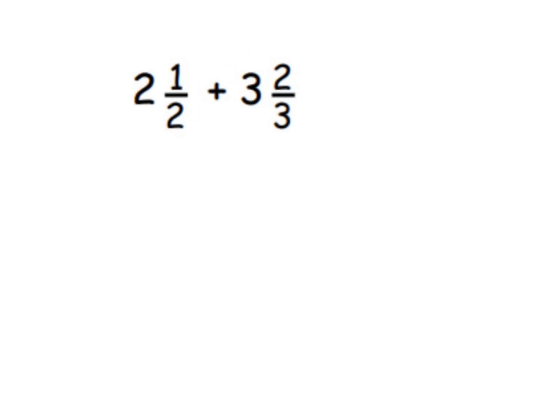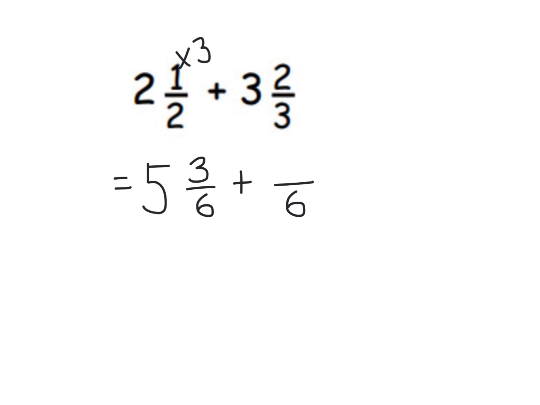Okay, this is going to be another one of those wee addition ones where it carries over. So we're going to do the big 2 plus the big 3, which gives us a big 5. We're going to think, what can we turn halves and thirds into? Well, the lowest common multiple of 2 and 3 is 6. I can turn them both into a 6. So 2 times 3 is 6, so we'll times the top number by 3. So 3 times 1 is 3.